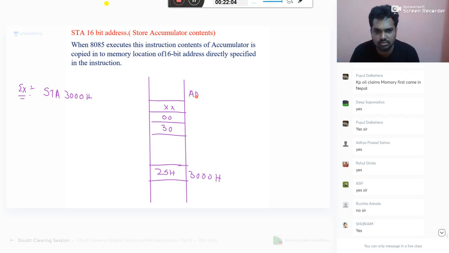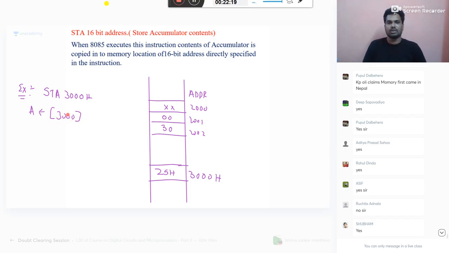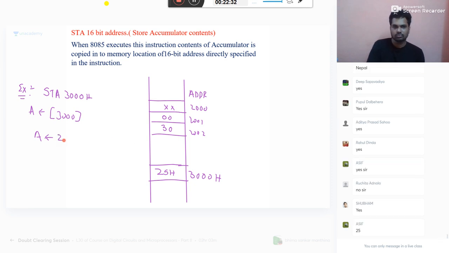This is the address, at any address, 2000. I'm just randomly taking these numbers. So what will the computer do? Accumulator will be copied with the contents of 3000. Contents of 3000 means it will not load the accumulator with 3000. It is impossible. As so many are asking again and again, what is accumulator now? Contents of 3000: 25.